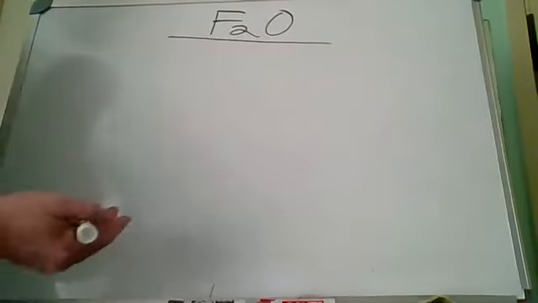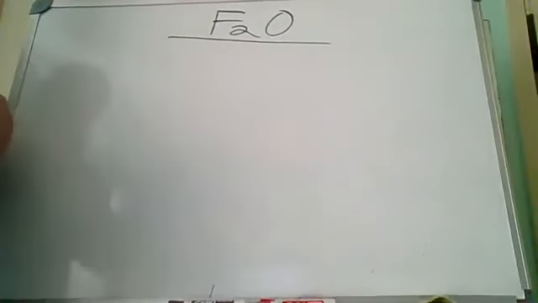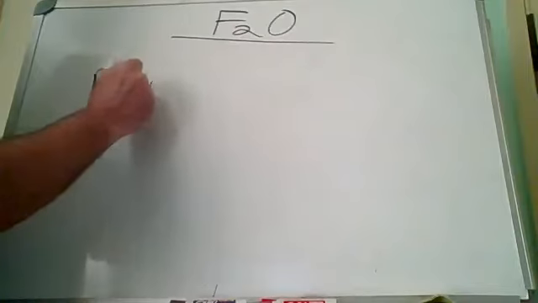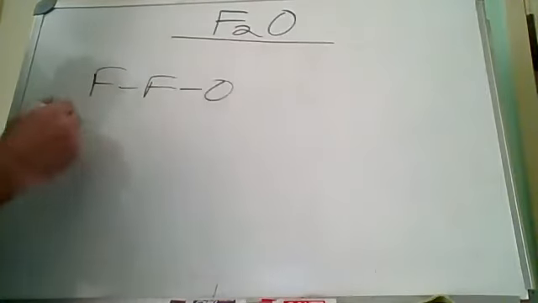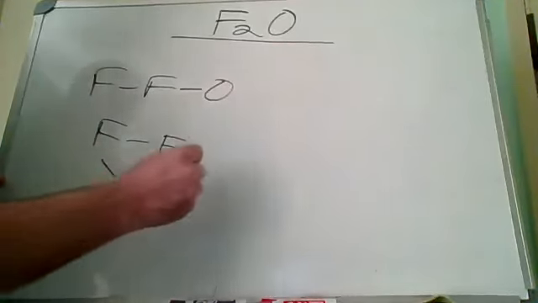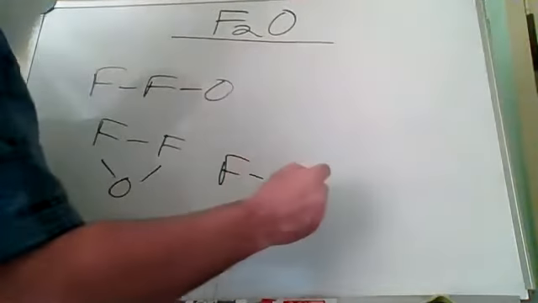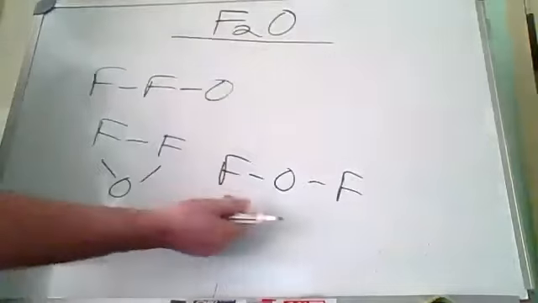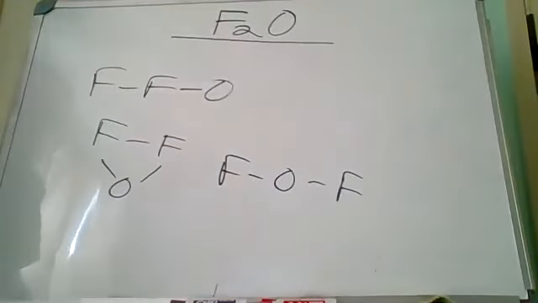So the question is, how are the atoms connected? Are they like this? Are they like this? Or are they like this? Now this one makes the most sense, right?